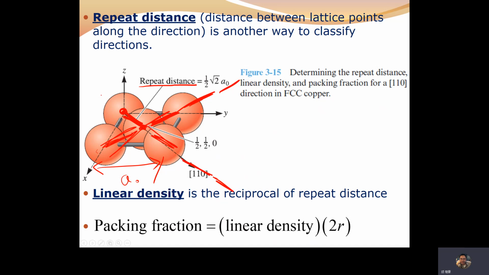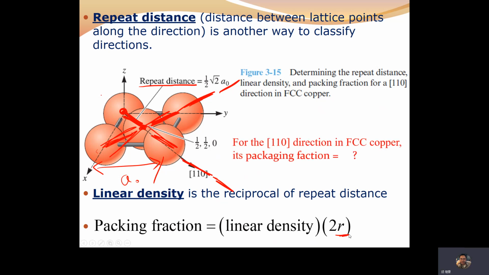And the packing fraction equals the linear density times 2 times the atomic radius. And the atomic radius you can find from your periodic table, it's not difficult. So these are some definitions of repeat distance, linear density and packing fraction.